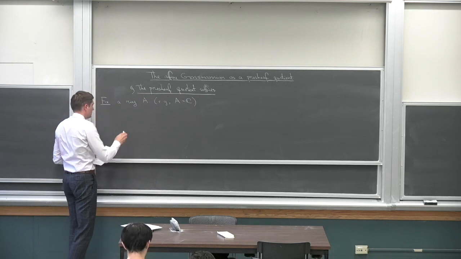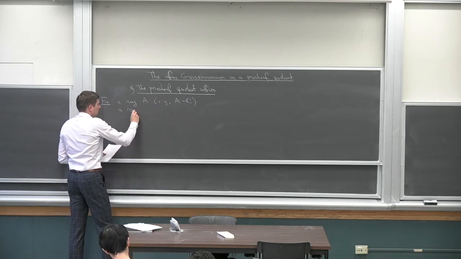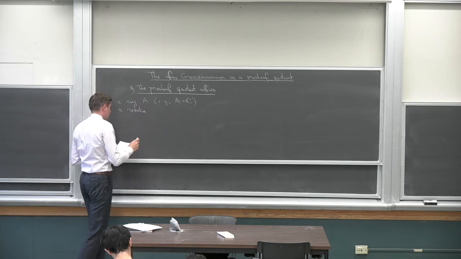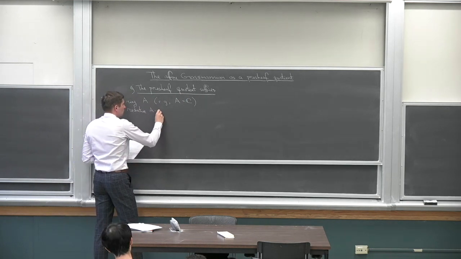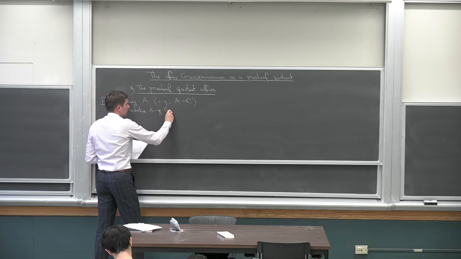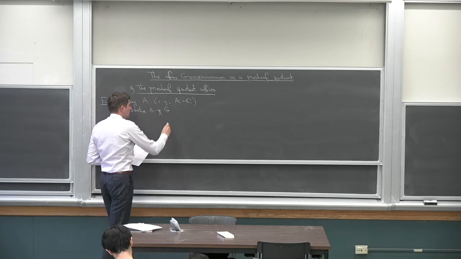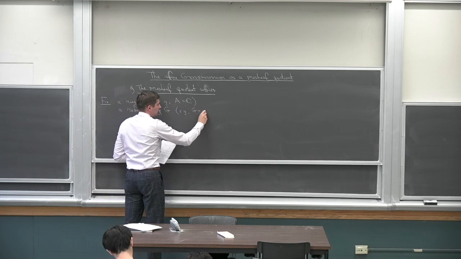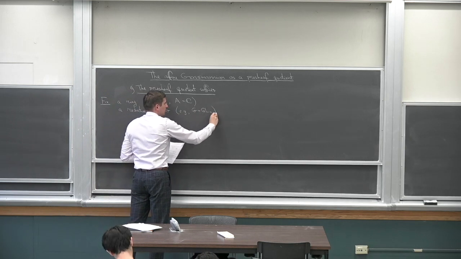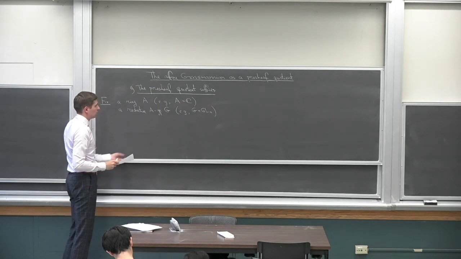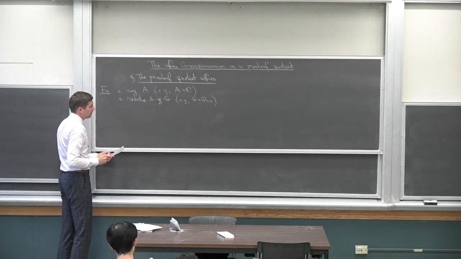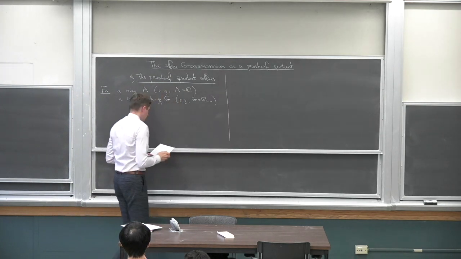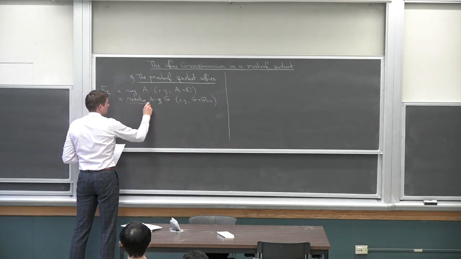That's perfectly fine, although the results will still be interesting independently. And so I'll also fix a reductive group G over this ring A. So for instance, classically G could be just GL_n over the complex numbers. And for completeness, let me just recall what I mean by this.